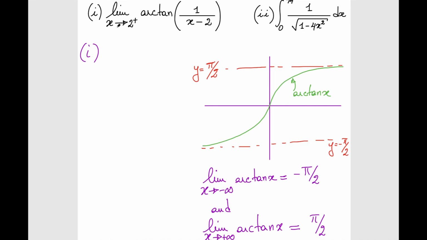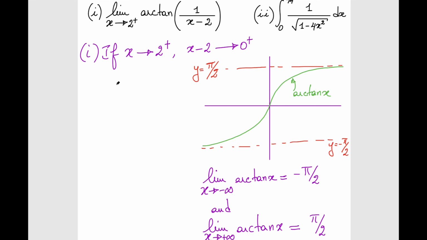So x minus 2 is positive, but it's decreasing to 0. So if x goes to 2 while being bigger than 2, x minus 2 is going to 0 while being positive, agree? Because x is bigger than 2, x minus 2 is certainly positive, but it's going to 0.